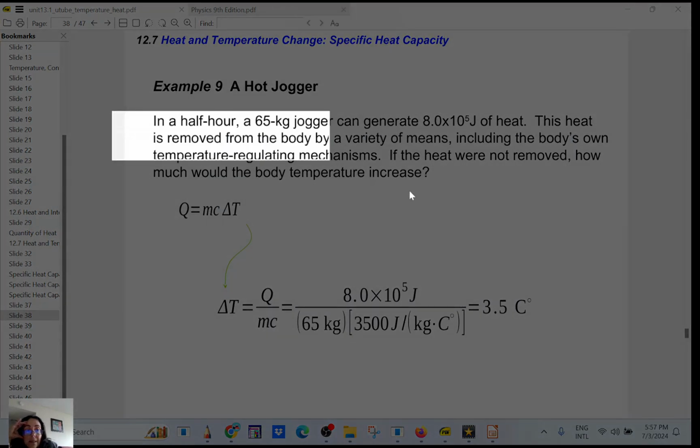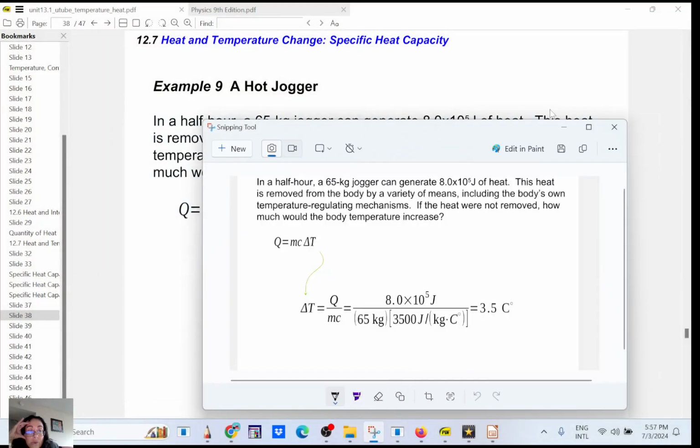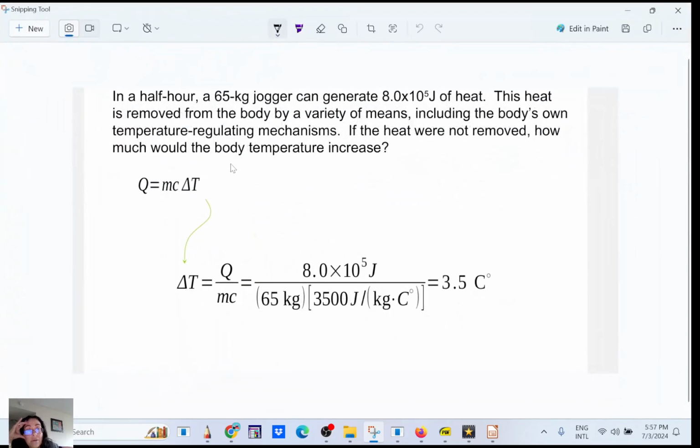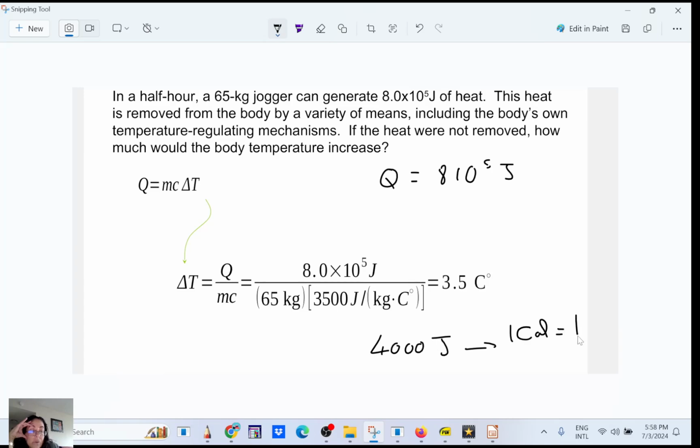You see that the energy produced because of the effort was 8 times 10 to the 5 joules, right? And remember that 4,000 joules, it's a little bit more, but let's simplify here. So 4,000 joules is the same thing as 1 uppercase Calorie, which is 1 kilocalorie, which is of course 1,000 small calories.